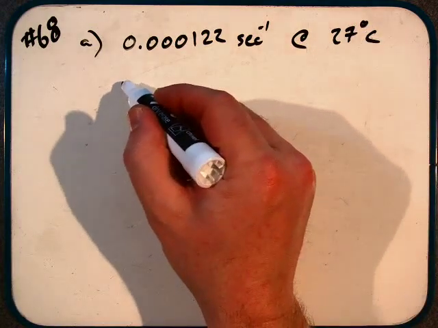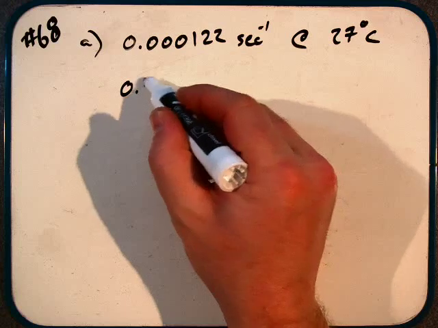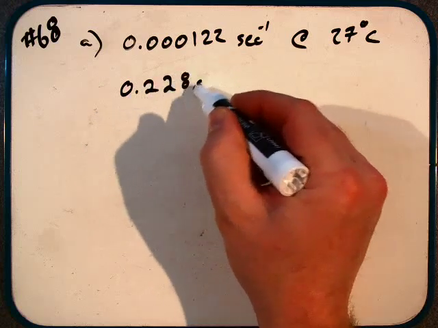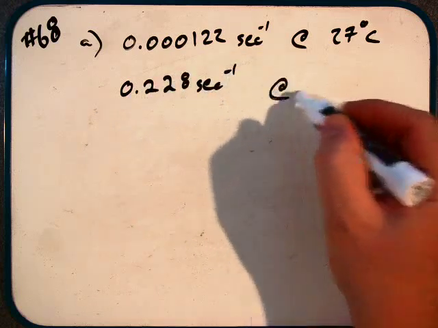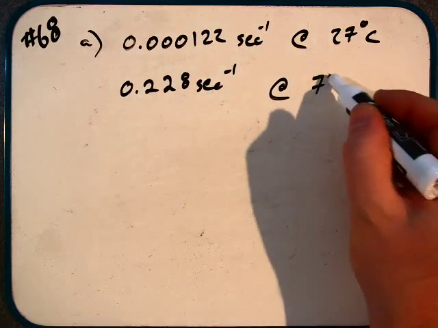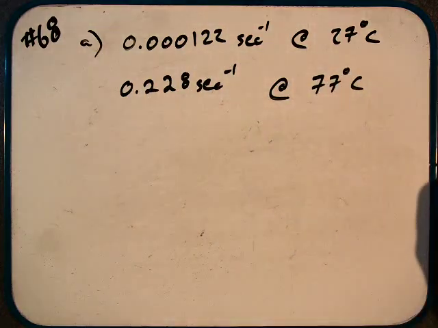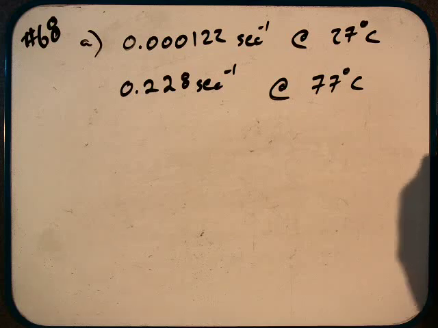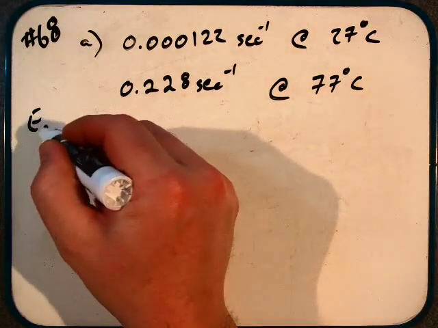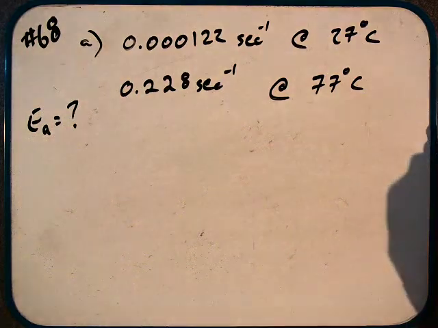And then there's another rate constant, 0.228 reciprocal seconds, and this was measured at 77 degrees Celsius. And the question is asking us to estimate our activation energy.